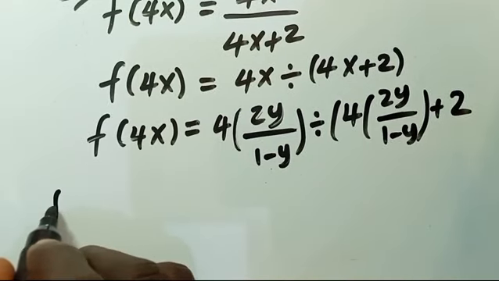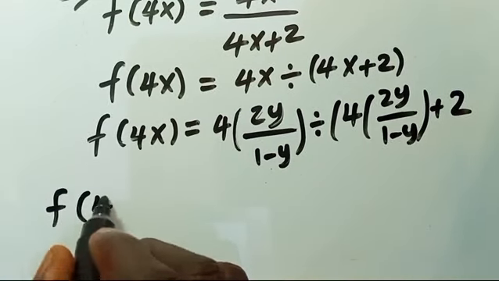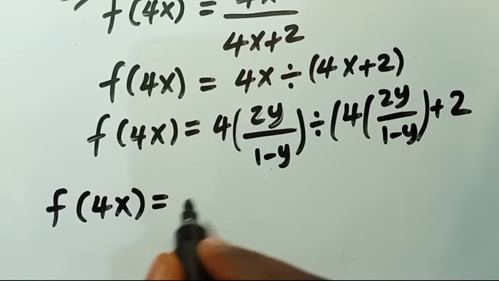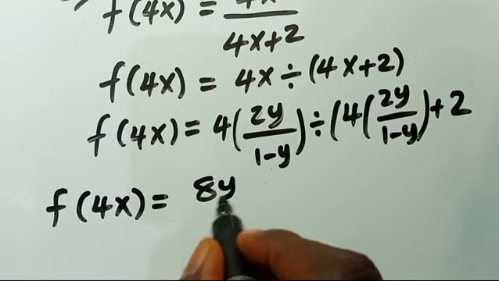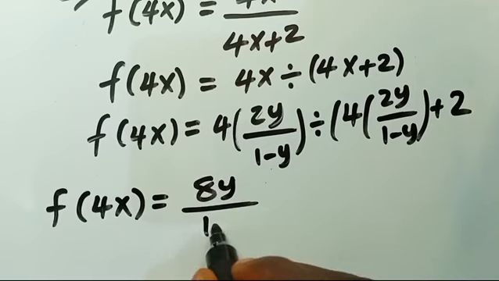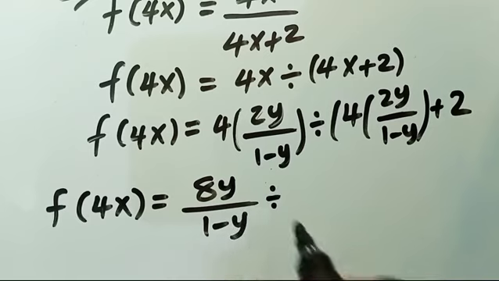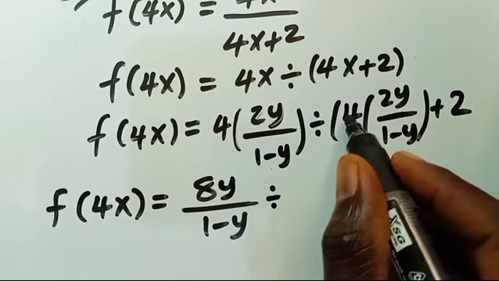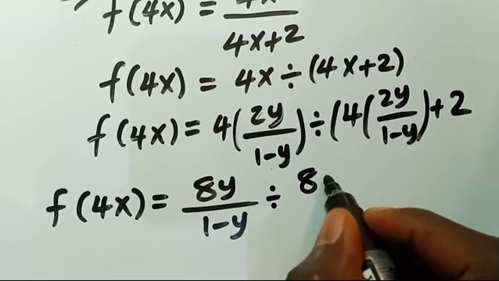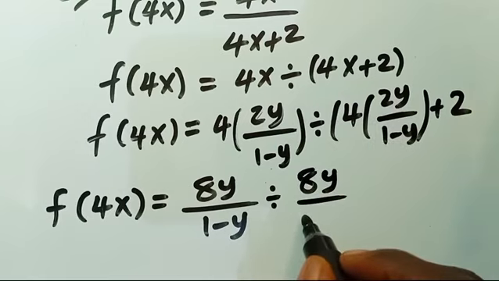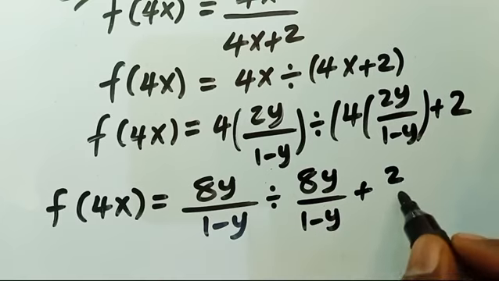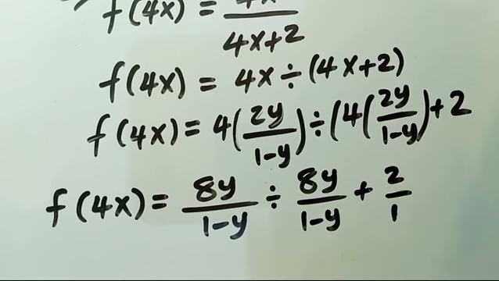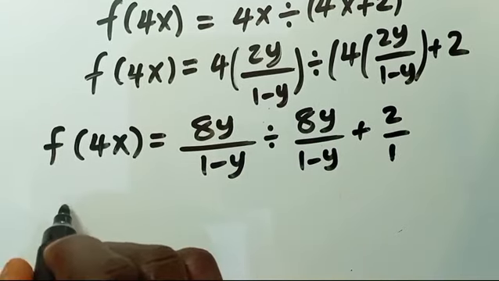So we have our f of 4x, 4 times 2y, this will be 8y over 1 minus y, divided by 4 times this will give us 8y over 1 minus y, then plus 2. We have to find the LCM.